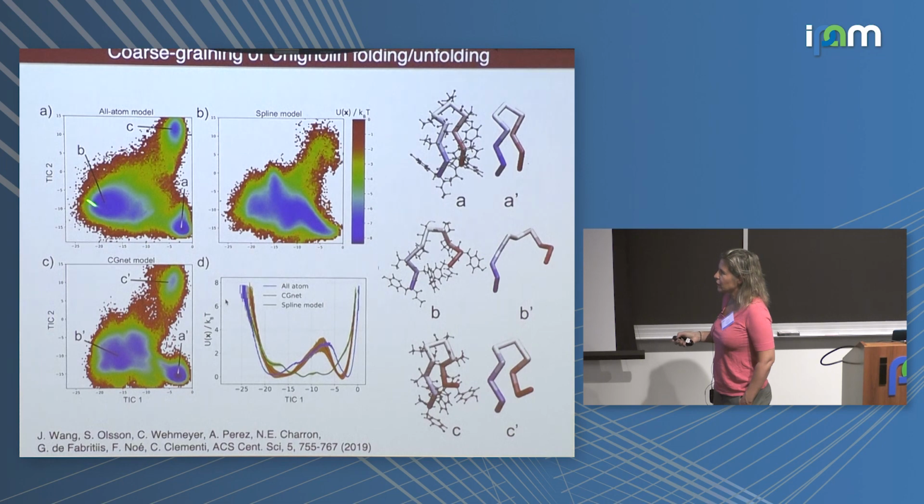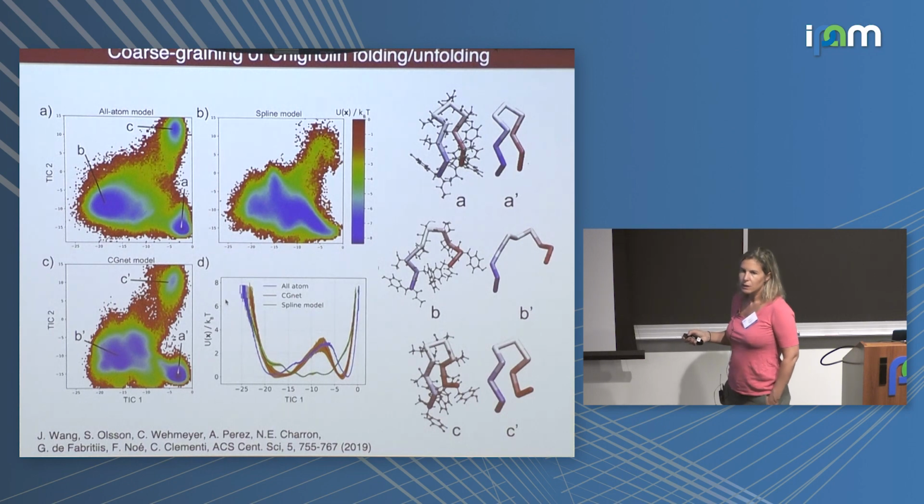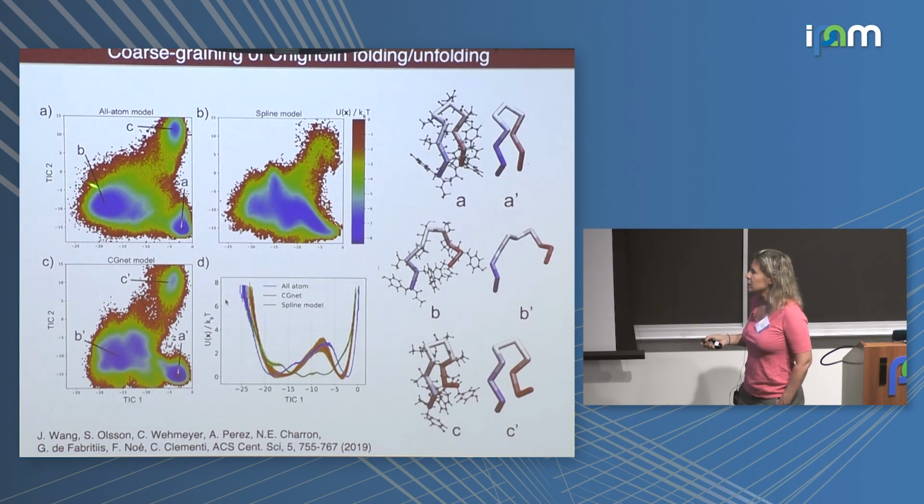We project the free energy into collective variables that represent the slowest motions of the system. These are called TICA coordinates. And this is the ground truth. This is a folded minimum A. There is an unfolded minimum B, and the misfolded state C.